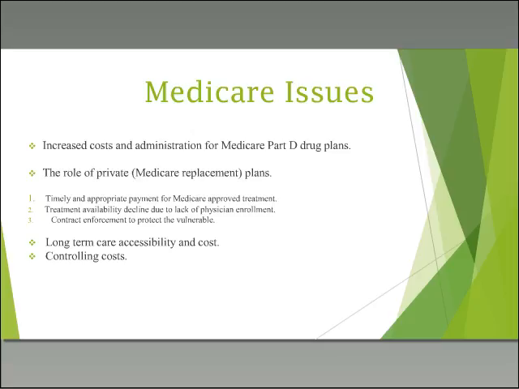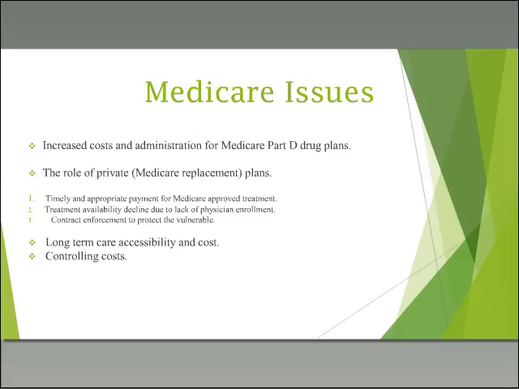The role of private plans or Medicare replacement plans is another big issue. There's a lack of control over fulfillment of those contracts. Timely and appropriate payment for Medicare approved treatments is one of the issues. Treatment availability declined due to lack of physician enrollment.